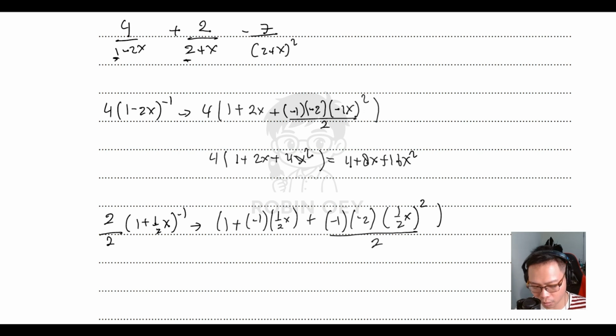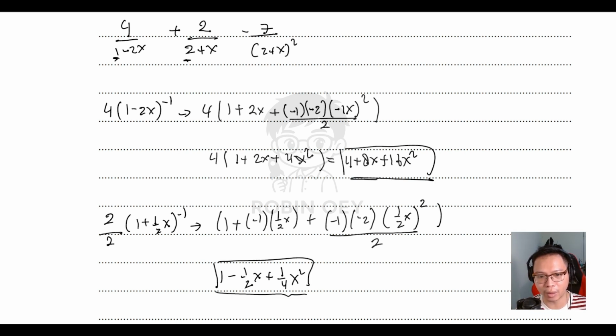So for the second part I will get 1 minus half x plus 1 over 4 x squared. So this is the first, this is the second.